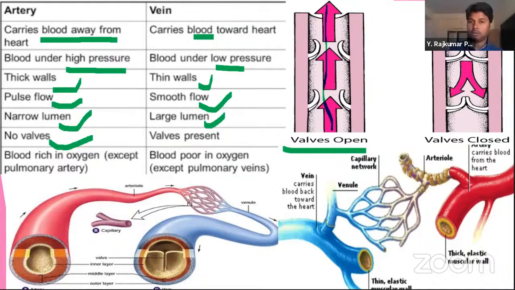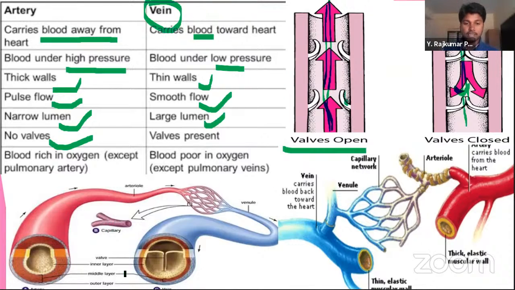In the picture you can see these are the valves which are open. When they are open, blood can flow forward, isn't it? But after the flow, when the blood has reached some place, it cannot come back. The reverse flow is stopped due to these valves, and valves are present in the vein. With the help of a picture, you can easily identify that.